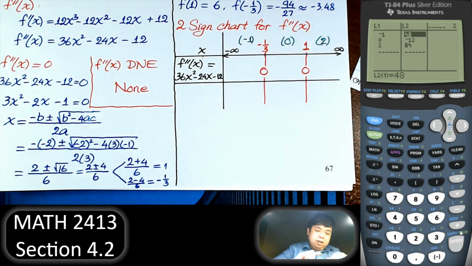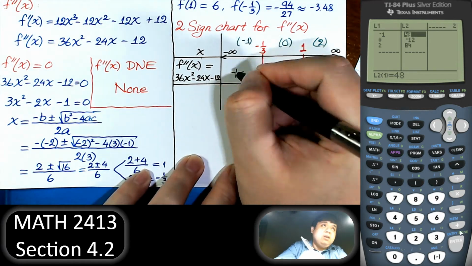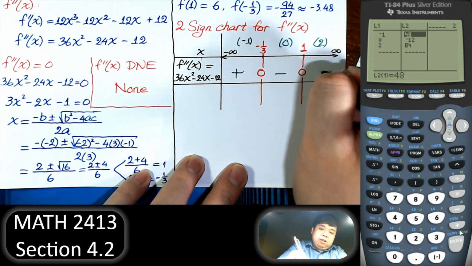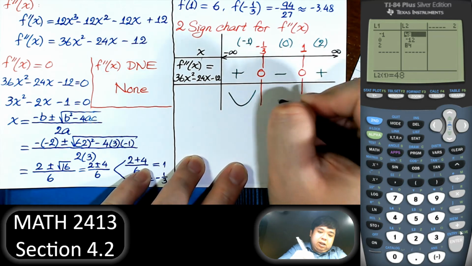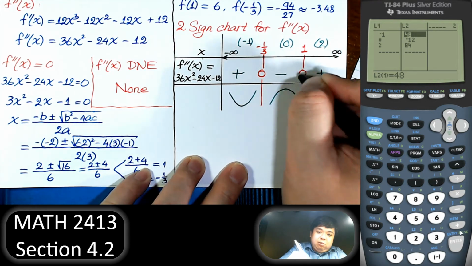So it is positive, negative, and positive. So positive concave up, negative concave down, positive concave up.